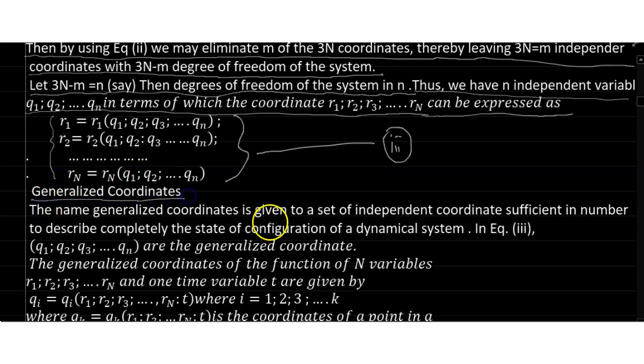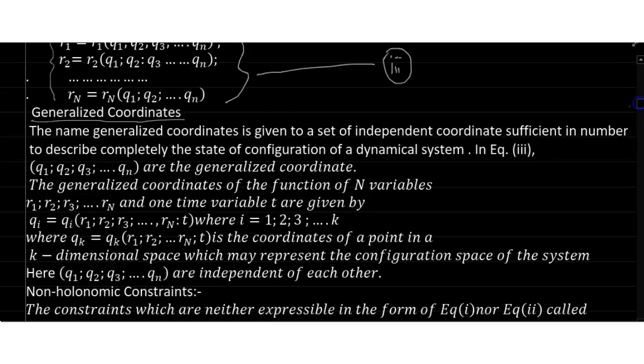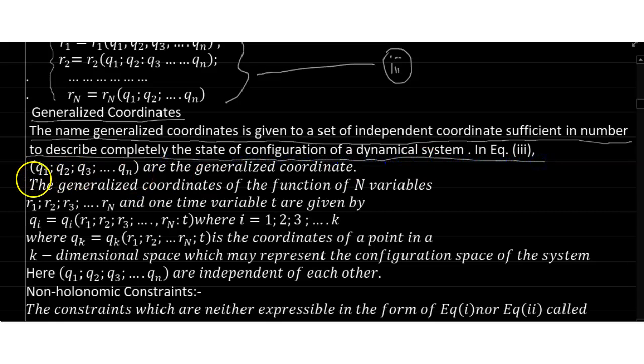Generalized coordinates. The name generalized coordinates is given to a set of independent coordinates sufficient in number to describe completely the state or configuration of a dynamical system. In equation 3, q1, q2, q3 are generalized coordinates, which are functions of n variables r1, r2, r3, ..., rn and one time variable t.